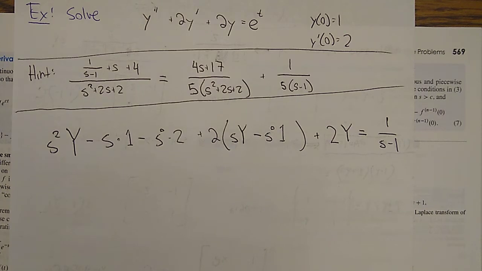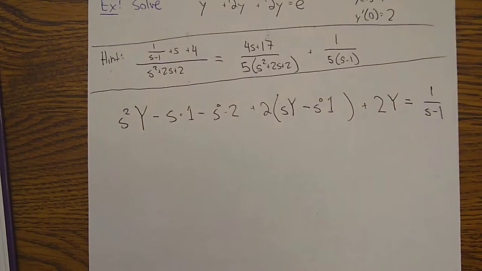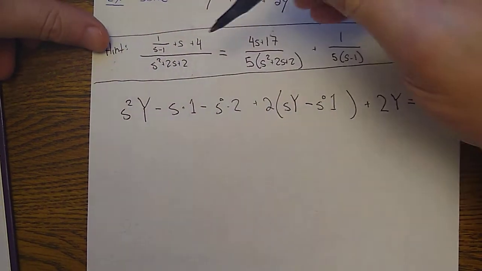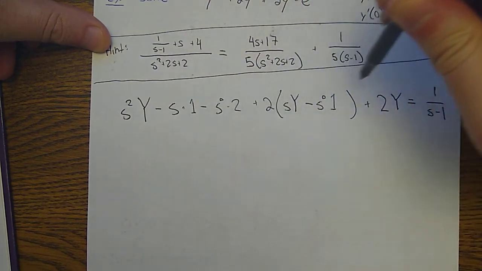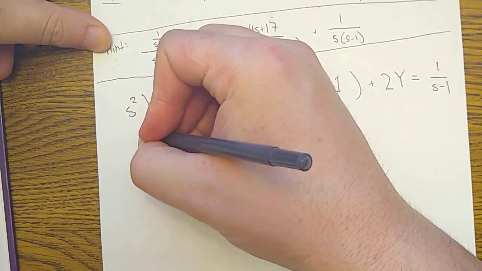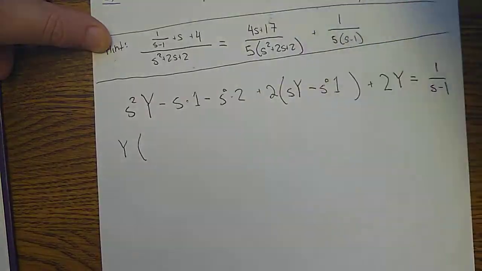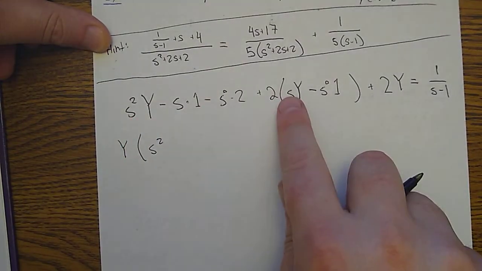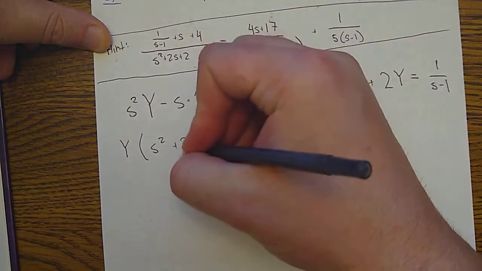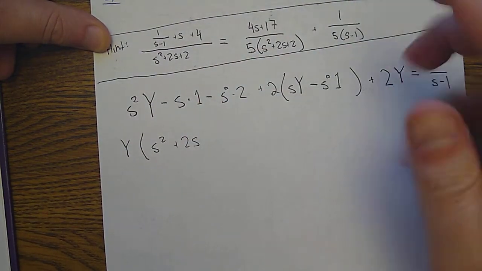Okay, so we did the Laplace transform of both sides. I'm going to collect all of the parts with a y on it. So I've got s squared y, I've got a 2sy, and then a 2y.